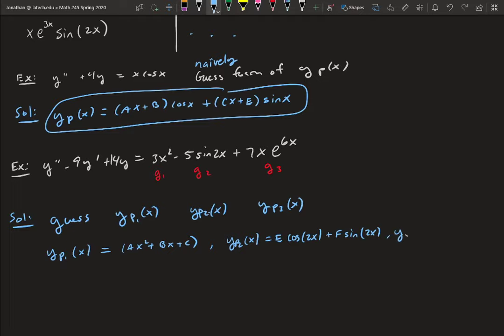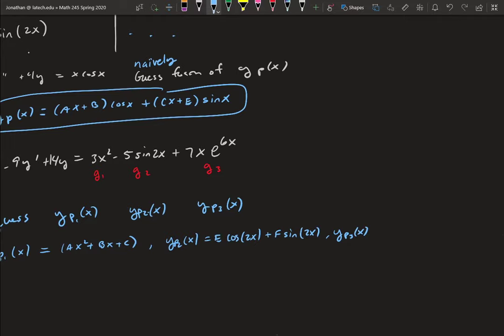And then yp3 we would guess a linear function, gx plus h, times e to the 6x.